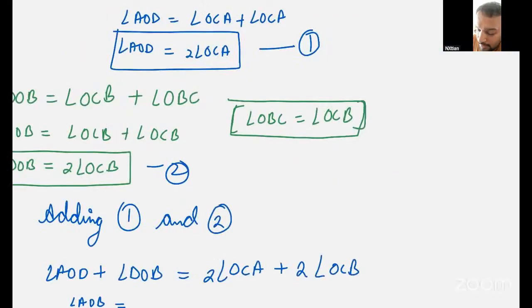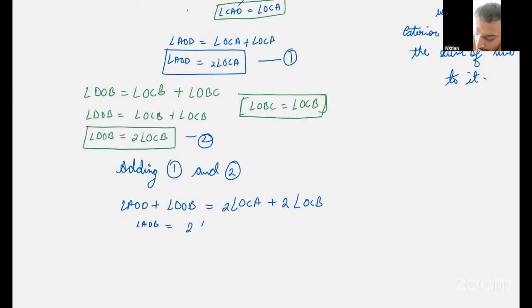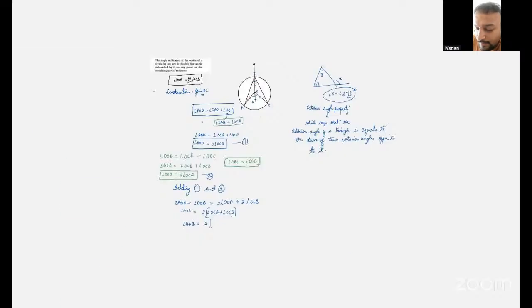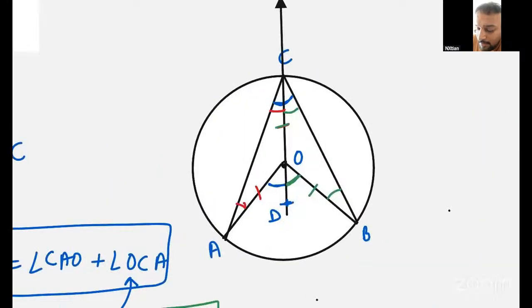Now I will take out 2 as common, which will leave angle OCA plus angle OCB. So angle AOB is equal to 2 into OCA and OCB. So we will add these angles. If you add OCA and OCB, what will it become?